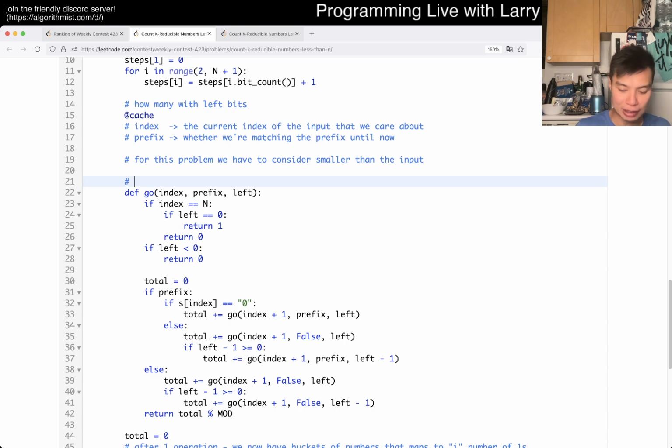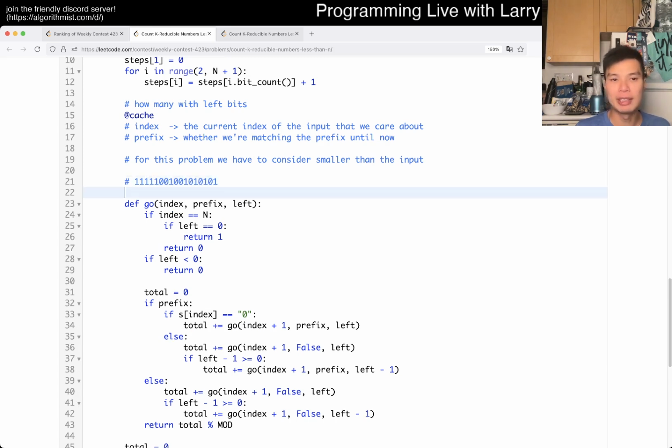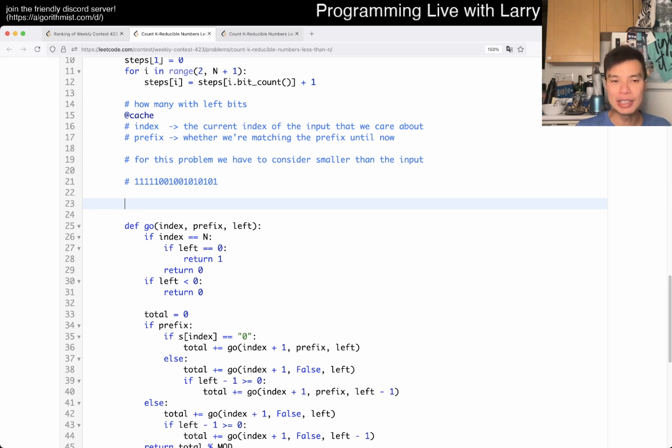Let's say you have this number that looks something funky and weird, whatever, and you want to get all the numbers smaller than this one. For every digit, let's say we only process 2 digits, and let's say we match this. Let me add a 0 real quick. So let's say we have these numbers, and now we have to figure out how many the count is for the rest. This is where the index comes from.